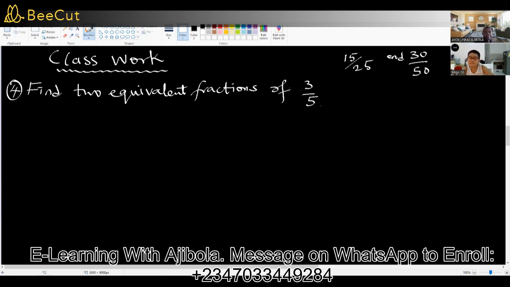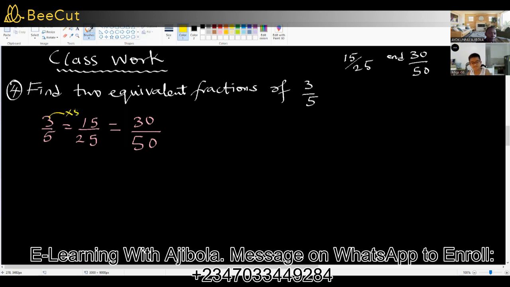Let's check it out, okay? 3 over 5, you said it's equal to 15 over 25, and it's also equal to 30 over 50. 3 times 5 gives me 15, and 5 times 5 gives me 25.